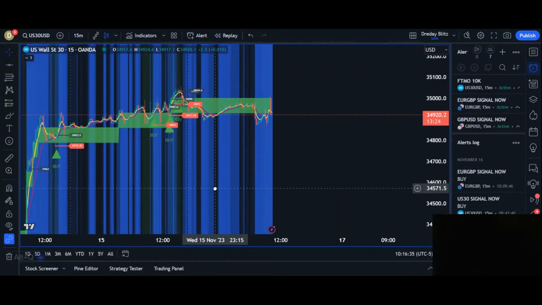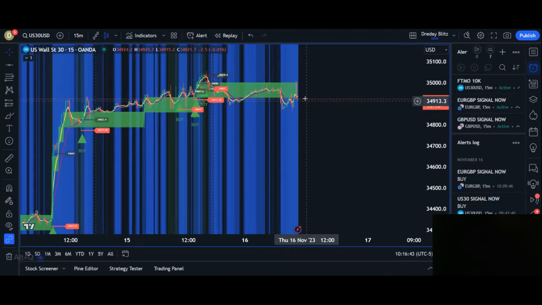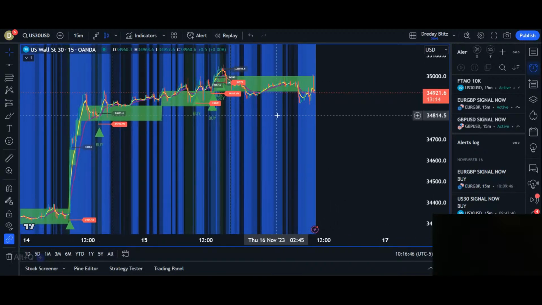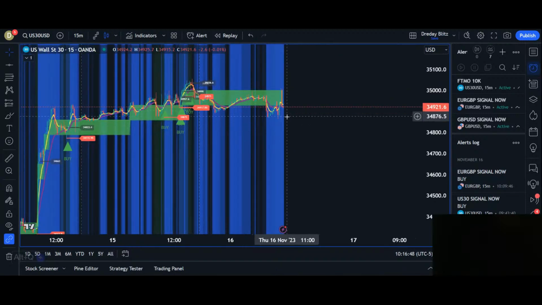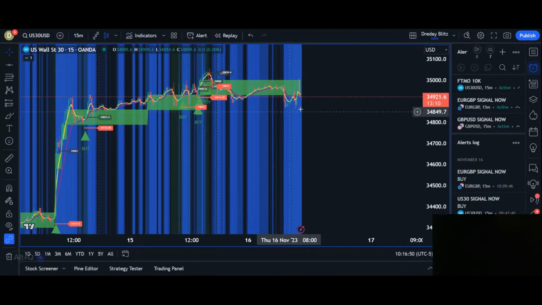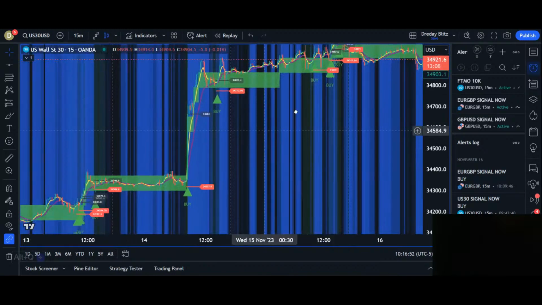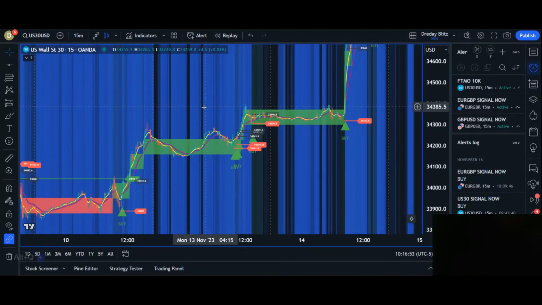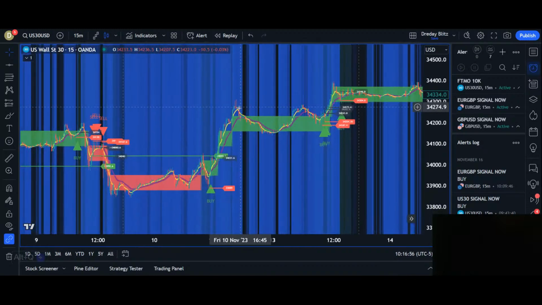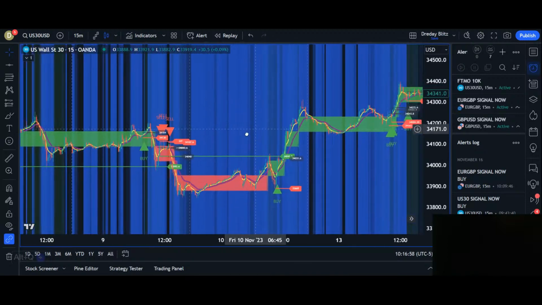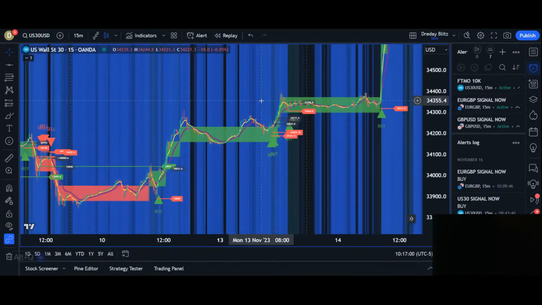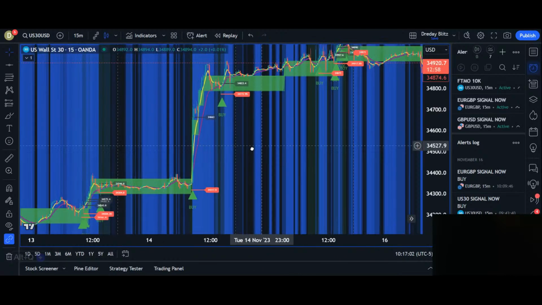So as long as I don't see the Renko bar switching colors, I'm keeping my trade open. Even though maybe I'm going to lose a little bit, I don't care. Why? Because overall, based on the amount of signals and entries you're going to get based off the trend, you're going to be in profit.